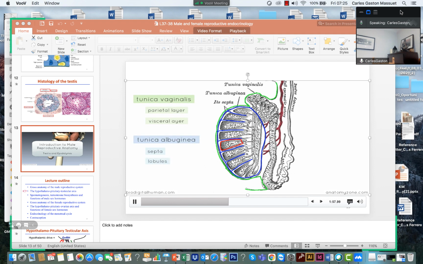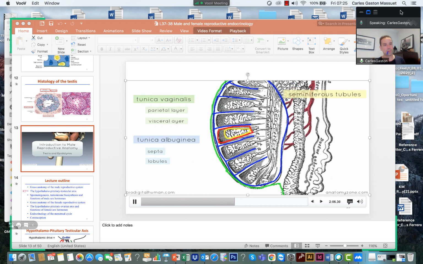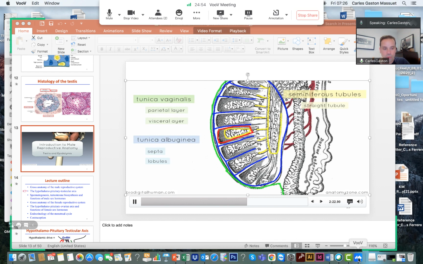And then within each of these lobules you've got this coiled tubular structure, the seminiferous tubules. At the end of these coiled seminiferous tubules, you've got a straight tubule coming off. You can see these straight tubules, which I'm highlighting in yellow. And these straight tubules then all join together to meet this network of tubules, which is known as the rete testis.